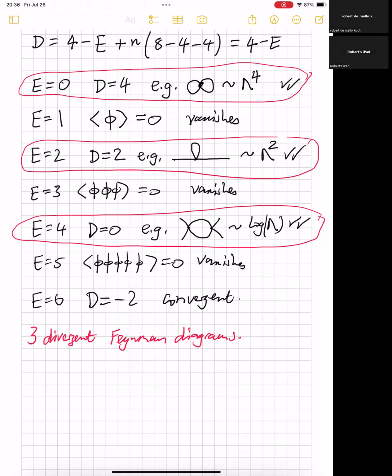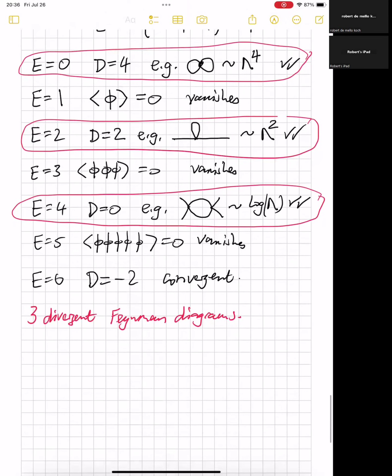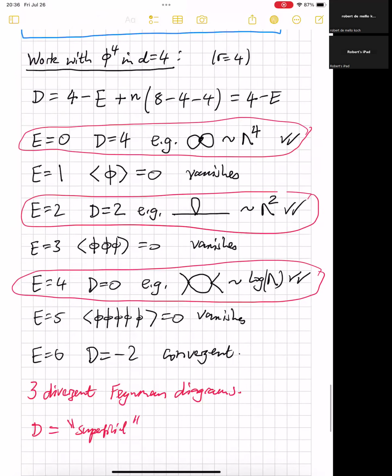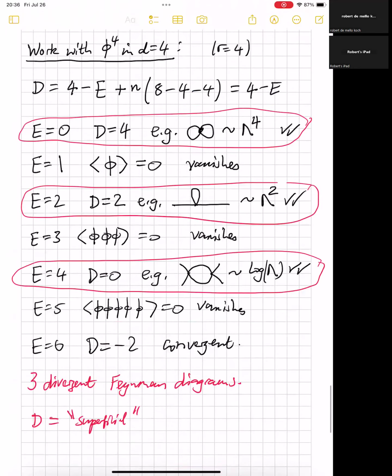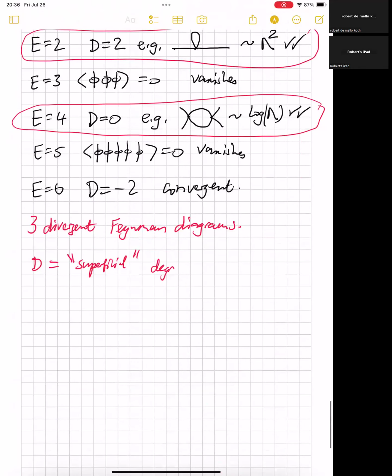So now let me tell you why we say that D is a superficial degree of divergence. Why is D called the superficial degree of divergence? Well, this is for 2 reasons.